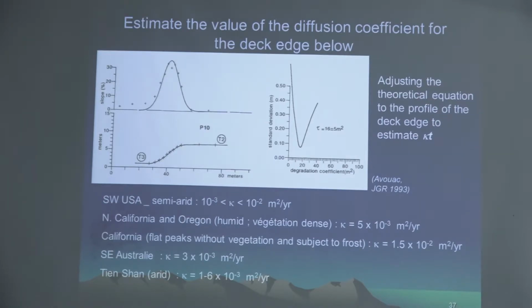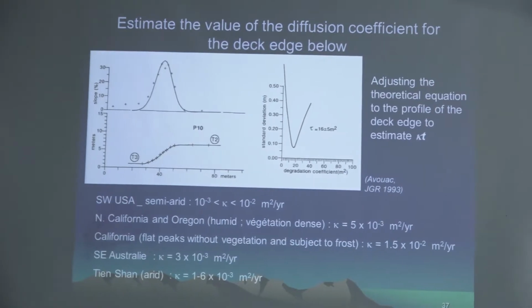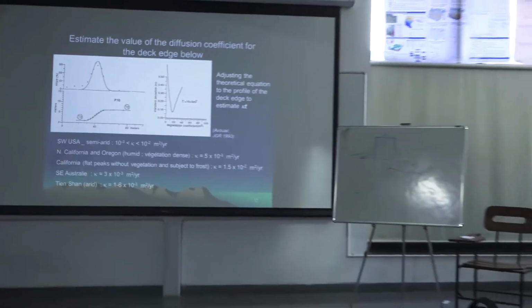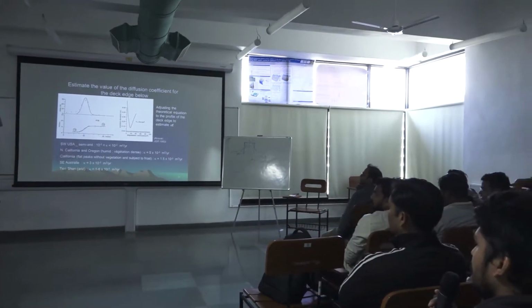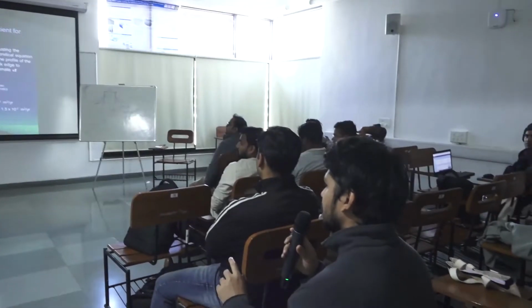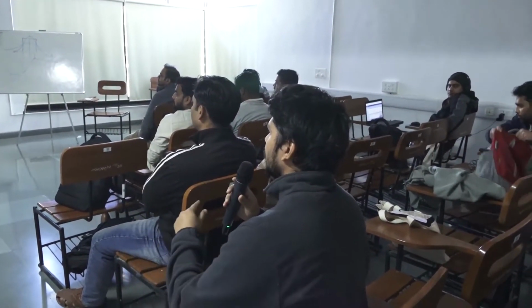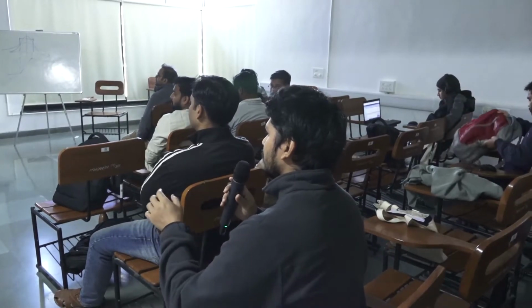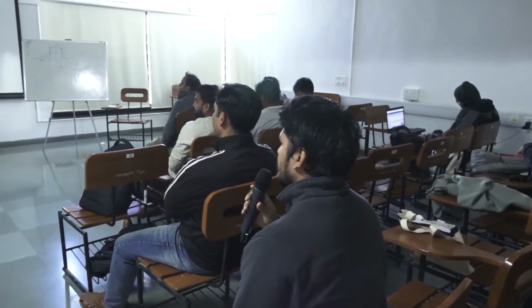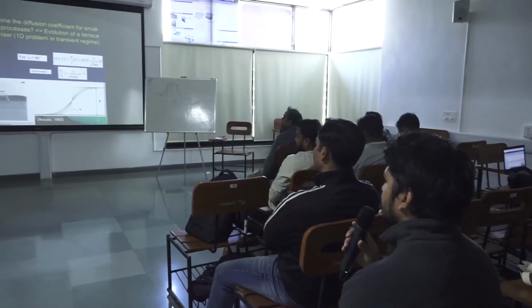Jérôme? Yeah. One query in this kind of scenario: how do you constrain the initial geometry of your riser? We have to approximate the initial geometry, then model the diffusion, and then this is your final geometry.